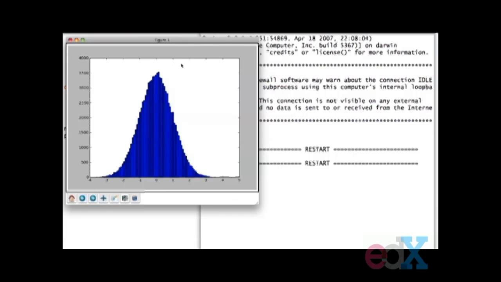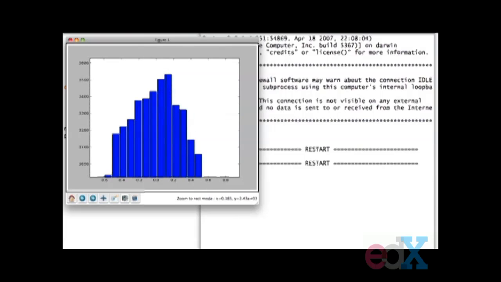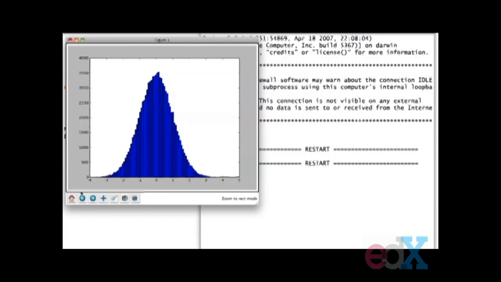So we can see it's peaking near the mean, which we said should be 0, and then falling off almost symmetrically. Let's see if it's really symmetric. We can zoom in up here. Well, you can see it's not symmetric. If I took more samples, it would be closer to symmetric, but it's pretty close. And of course, as we zoom out again, it really does look pretty good.